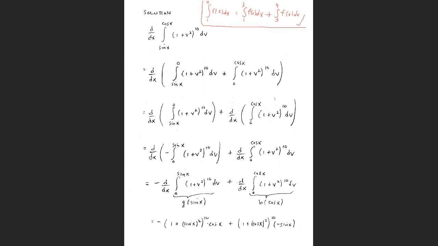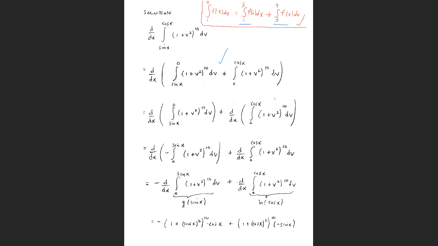Does that intuitively make sense? Yeah, you're just taking the area under the curve from 1 to 4 and breaking it up into the area under the curve from 1 to 3 plus the area under the curve from 3 to 4. Well, it's similar to what I'm doing here. Similar kind of thing.